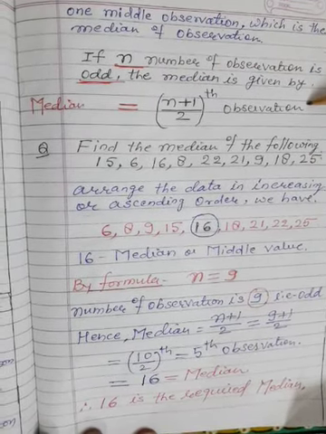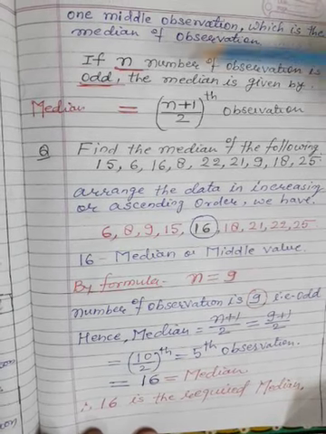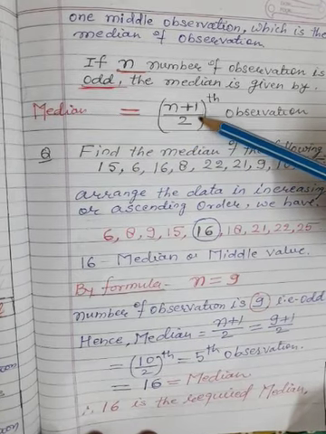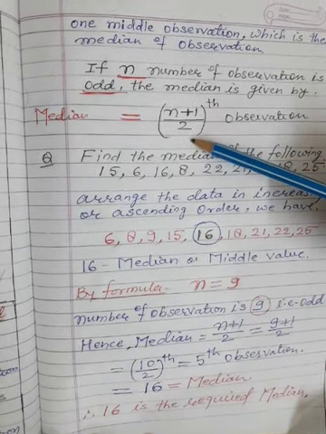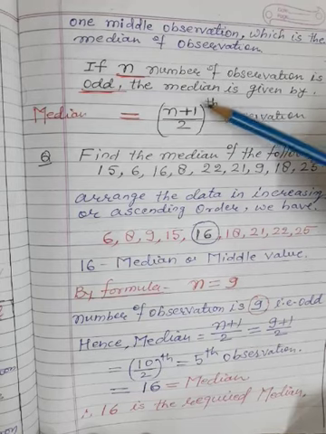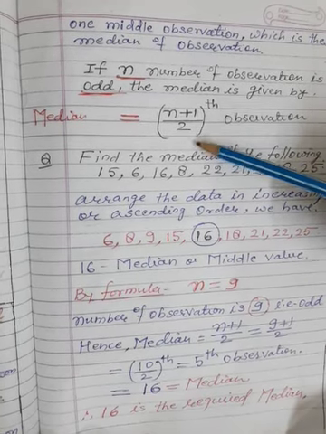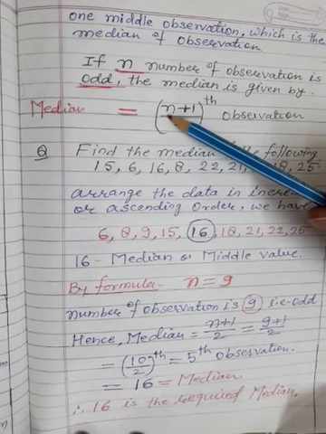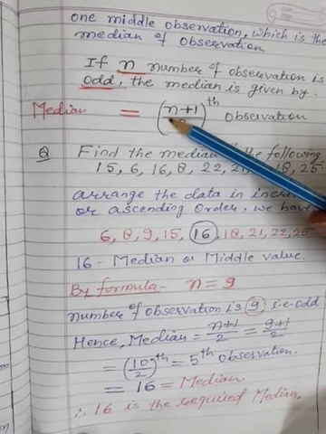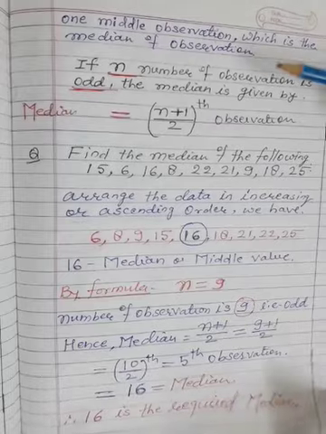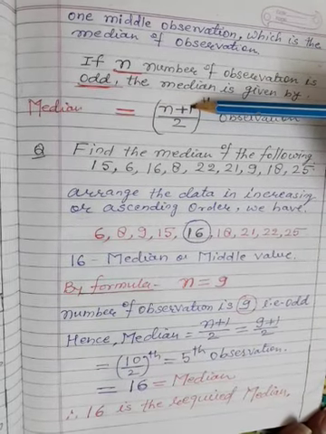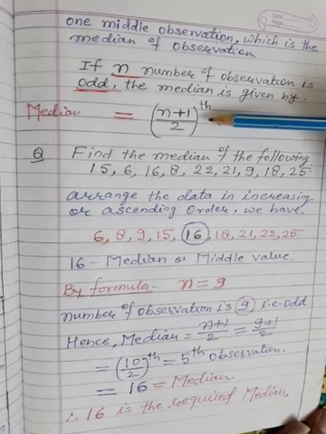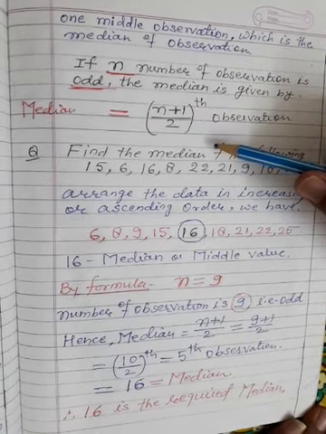Simple meaning is the middle value. The median when observations are odd is equal to the (n plus 1) upon 2 th observation, where n stands for the number of observations, that is odd, maybe 1, 3, 5, 7, 9, 11, and so on. So when 1 is added to an odd number, it becomes even, upon 2, we will get the middle value.